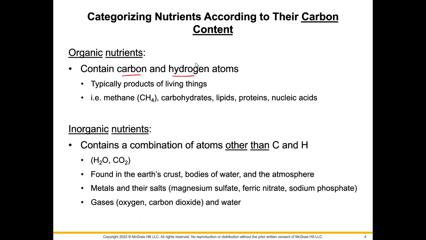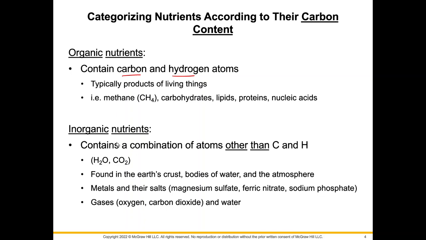Some examples are listed below. Methane, which is a gas, CH4, it has both carbon and hydrogens. If we were to analyze the structure of a carbohydrate or a lipid or a protein or a nucleic acid, all of those basic compounds that make up living things are going to have carbons and hydrogens.